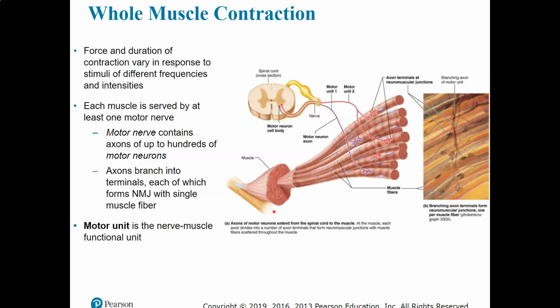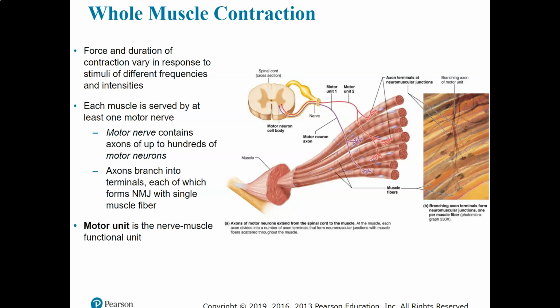The force and duration of that contraction is going to vary depending on how the muscle is stimulated. And the muscle can be stimulated in order to increase that force in a couple of different ways. Either the strength of the stimulus can increase, or the frequency of the stimulus can increase. That stimulus of the muscles is going to come from that somatic motor nerve.